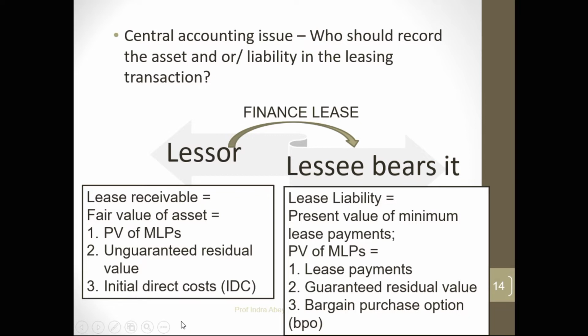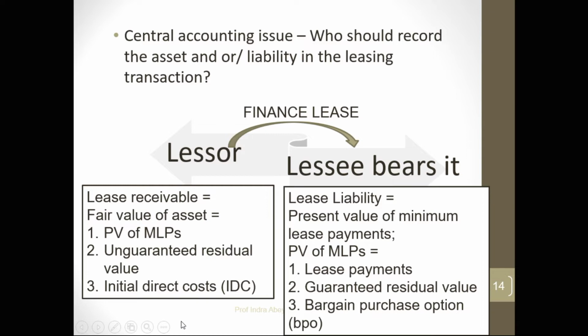The question is, how much is the lease liability? The lease liability is calculated as the present value of minimum lease payments. So the present value of minimum lease payments comprise the lease payments plus guaranteed residual value, which the lessee has guaranteed to pay as a residual value, and any bargain purchase option that lessee is likely to pay.